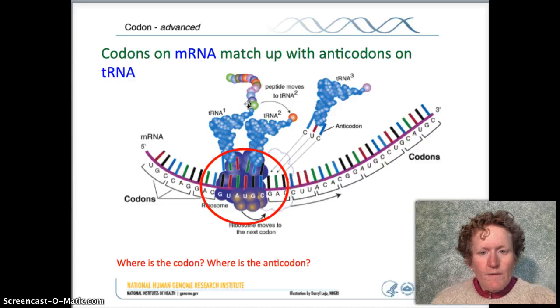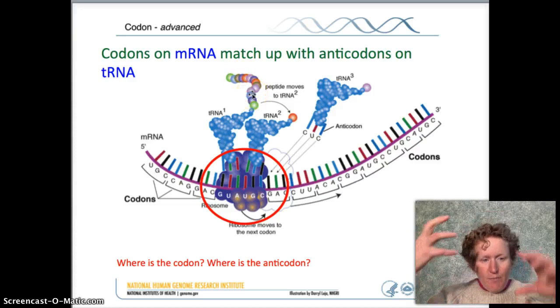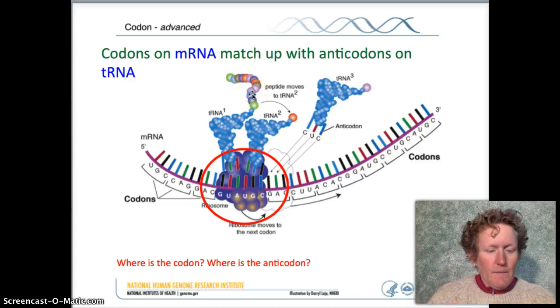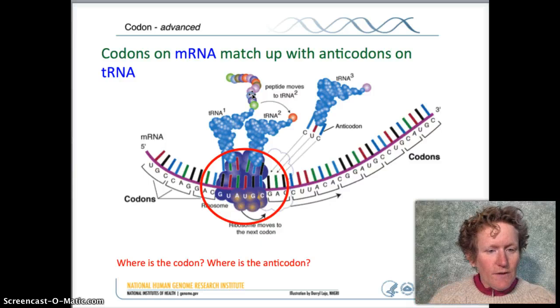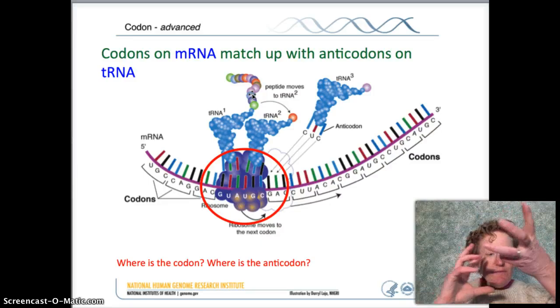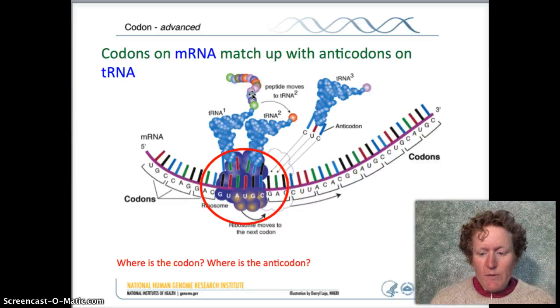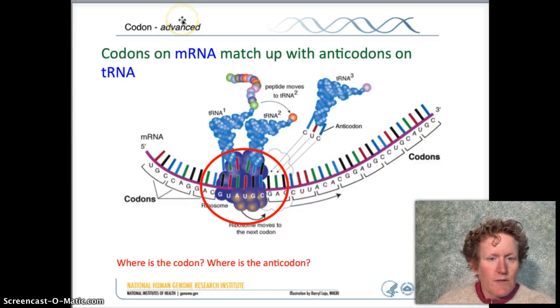And how that protein folds up is based on the order of the amino acids. Proteins are different because they have different amino acids in different orders and they fold differently, and that shape of the protein gives its structure and its function.